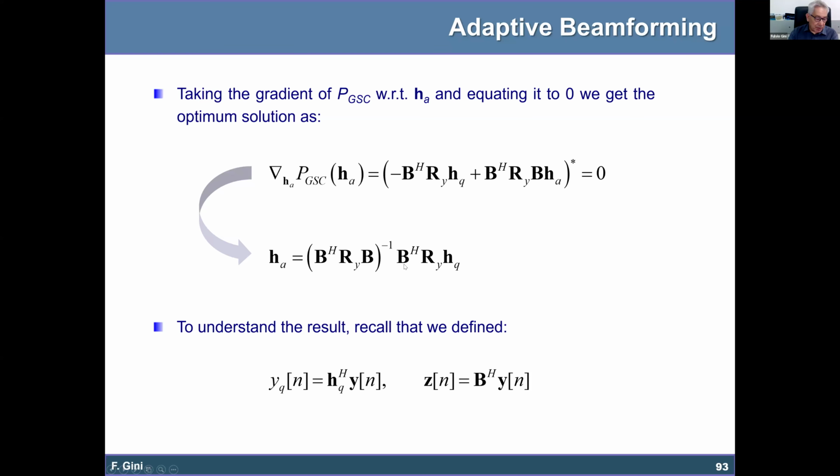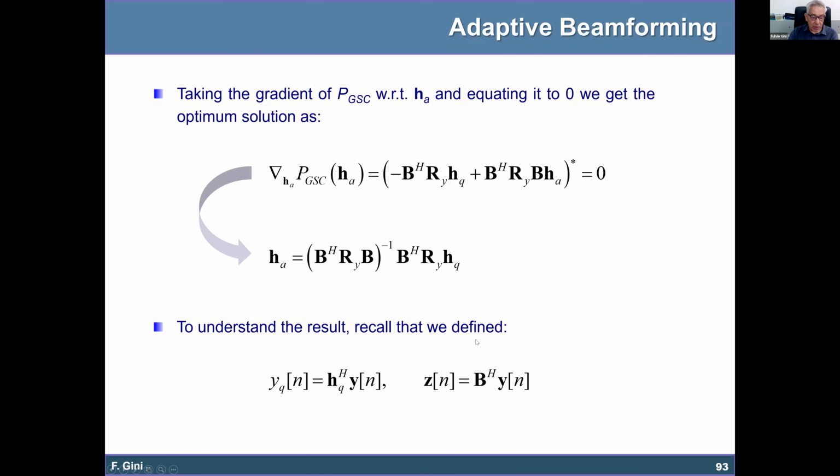And B, remember, is the blocking matrix that should be chosen in such a way that B Hermitian C is equal to 0.